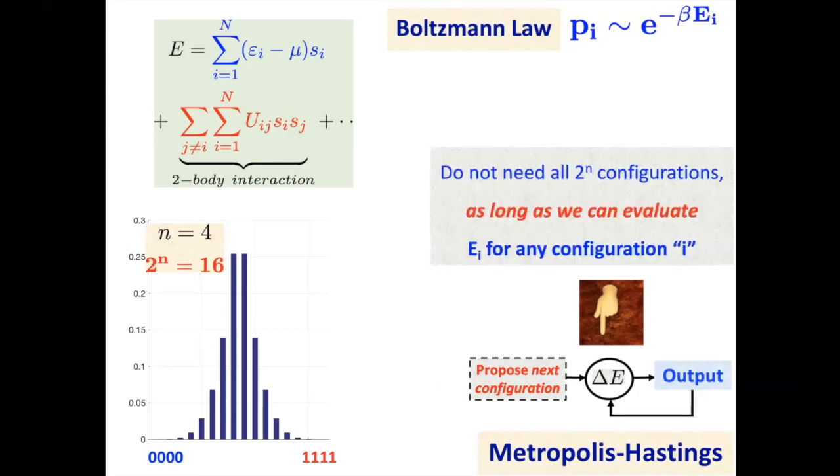The way it works is you propose a configuration, then look at how much the energy changes with respect to the last one. That's the delta E. Based on that, you either accept or reject the proposal. And the rule for how you accept or reject is chosen in such a way that the final output obeys the correct distribution function.